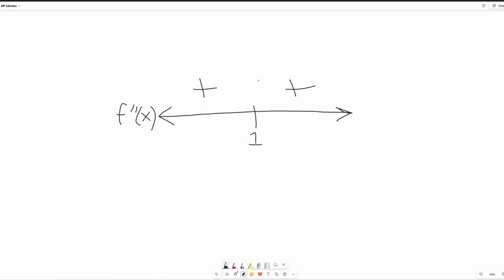It stays positive and then goes to positive. So it doesn't change signs and therefore is not a point of inflection. This is different from critical points, like I said before, because even if you have this as a critical point for f prime of x, it is still a critical point because f prime of x equals 0. It doesn't matter that the signs don't change.